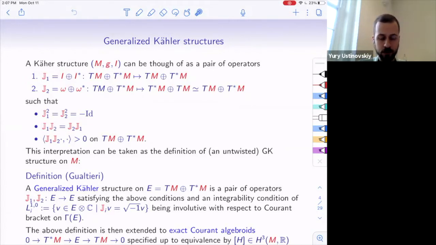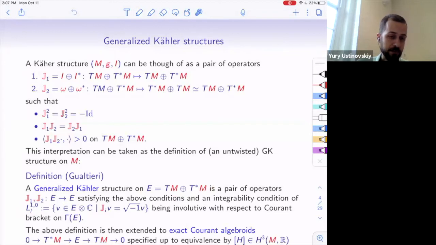In general, this is formulated through the eigen subbundles of operators J1 and J2 being involutive with respect to the natural bracket on this bundle, which is an extension of the Lie bracket of vector fields.